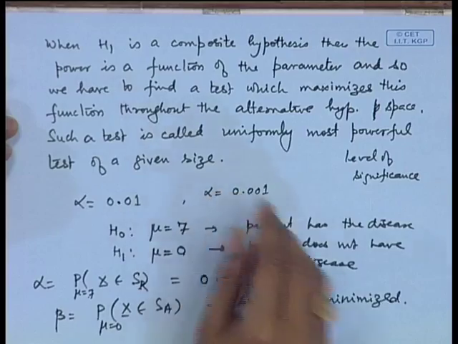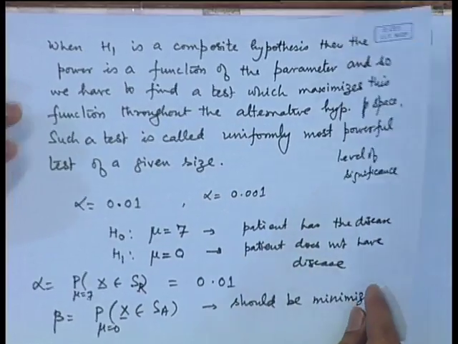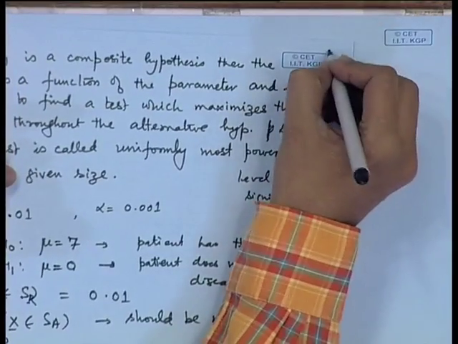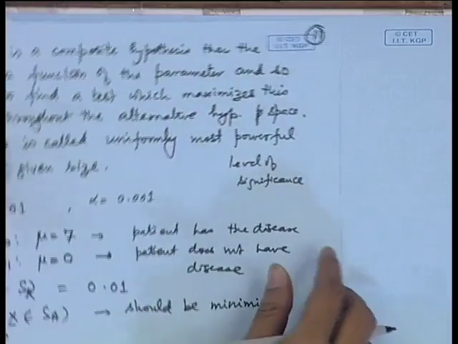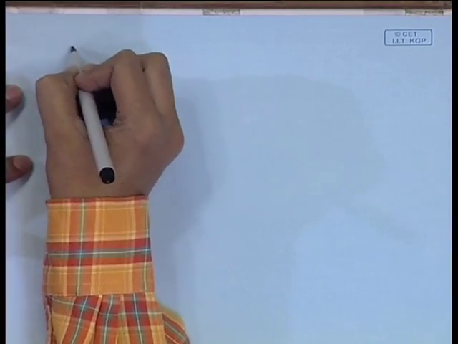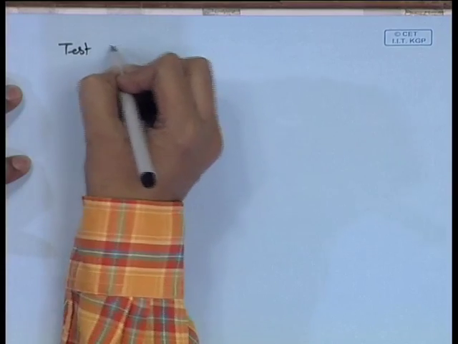Now, here what we are doing is that we are specifying a test procedure in such a way. So, we may write it like this: a test procedure's description.